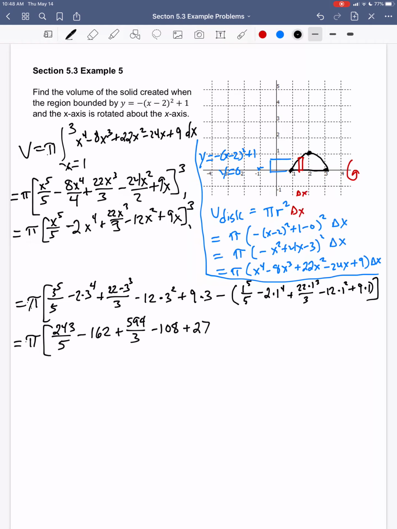Be careful with your negative here to distribute. So we get minus 1/5 plus 2 minus 22 thirds plus 12 minus 9.